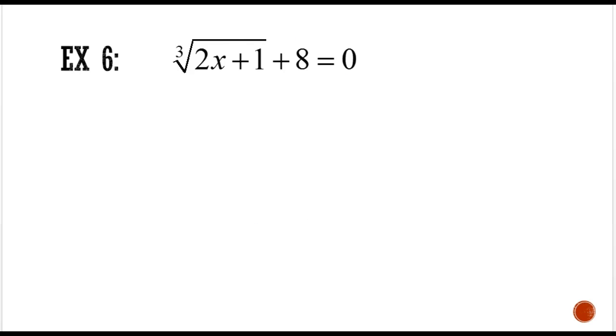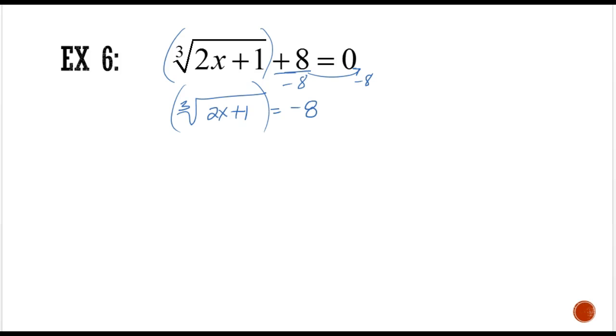All right, so let's look at another one. This has a cube root in it. So I want to isolate this cube root, get that by itself. So I need to move that plus 8 over by changing the sign, make it negative 8. So I have cube root of 2x plus 1 equals negative 8. All right? Now, to get rid of a cube root, hopefully you know that you would cube it.